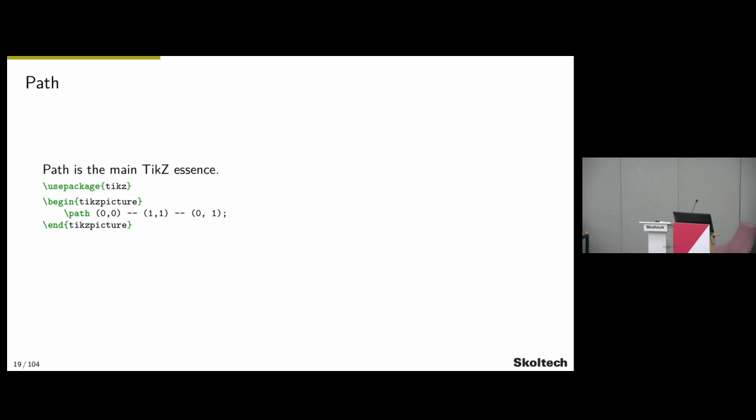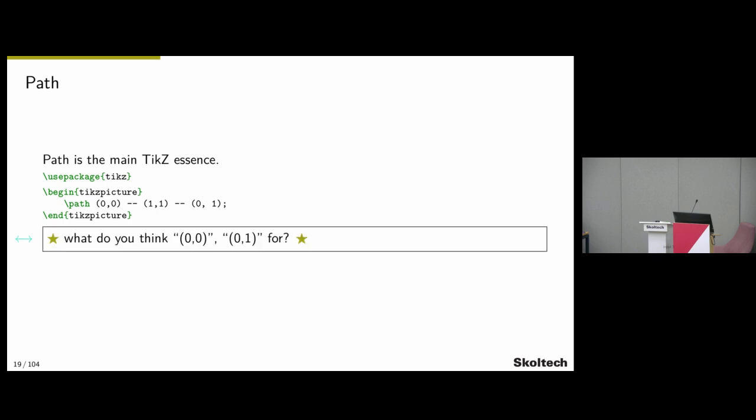So it is the simplest path, not the simplest, but one of the paths that we can write. You can see that we give 3 dots in the path, and probably you understand what these numbers in parentheses are. Coordinates, right, these are the coordinates of the dots.